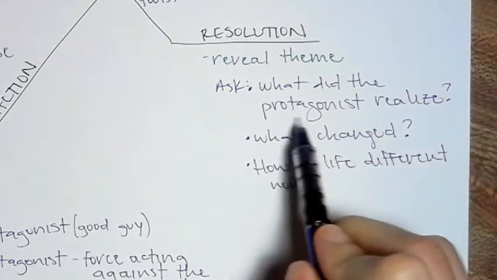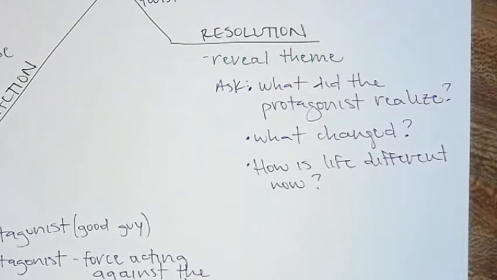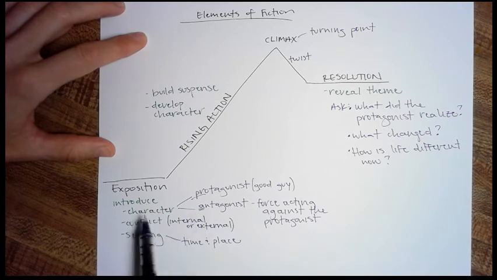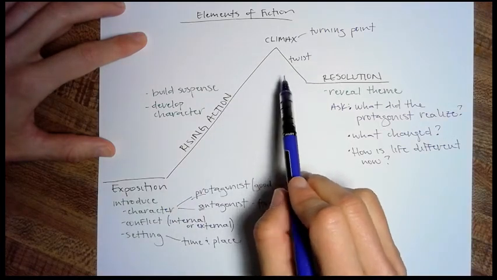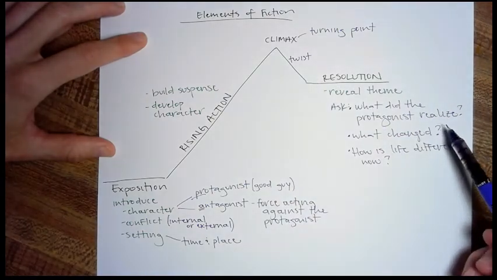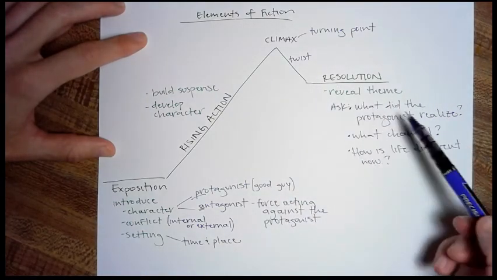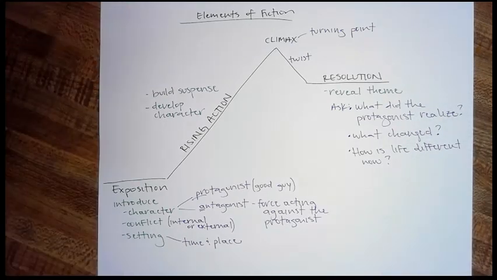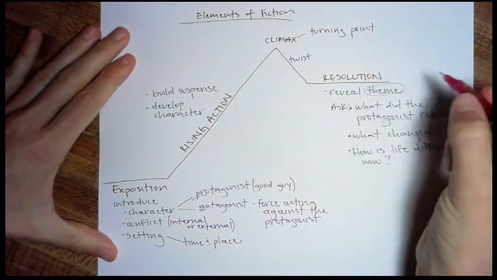Usually, all of this is built on something like the protagonist is motivated by something, wants something, and that thing is challenged, or it becomes sort of an obstacle that they have to overcome. And then whatever they realize or however they do or do not overcome that obstacle, that often is the theme.